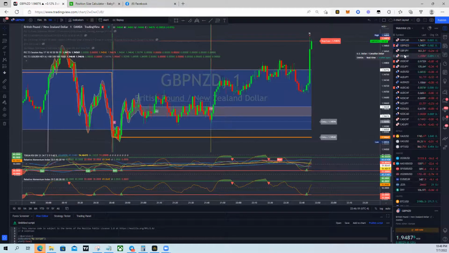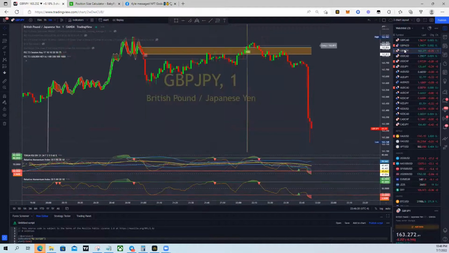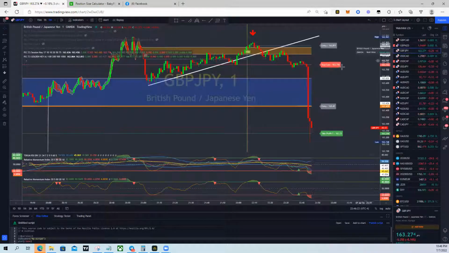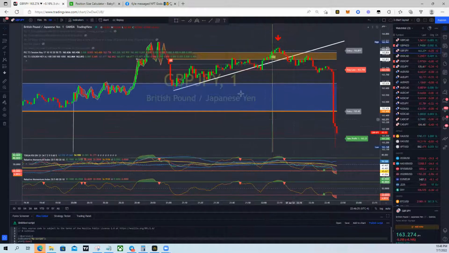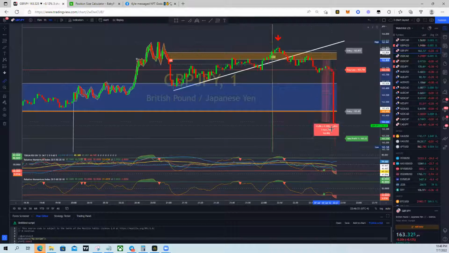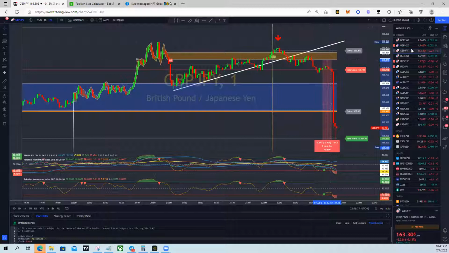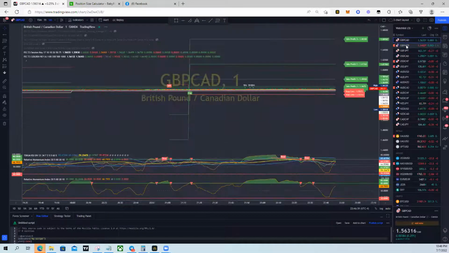GBPNZD is making a move too. Hold on, we got action, man. What time is it? We got action. Beautiful sell on that GJ. Sell from the top. Beautiful sell. It's 50 pips from the sell of the zone.